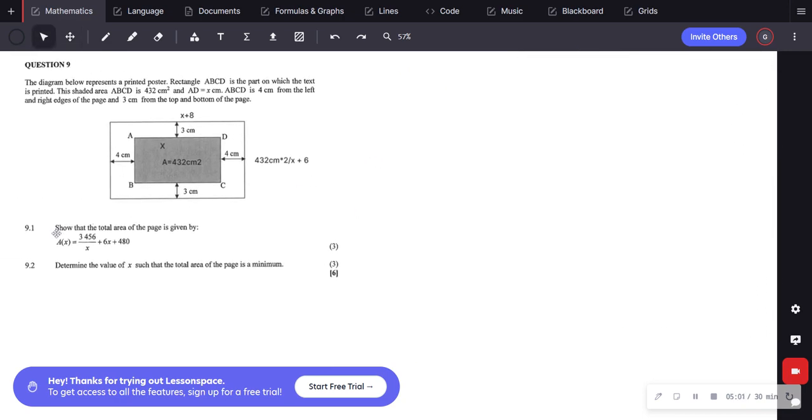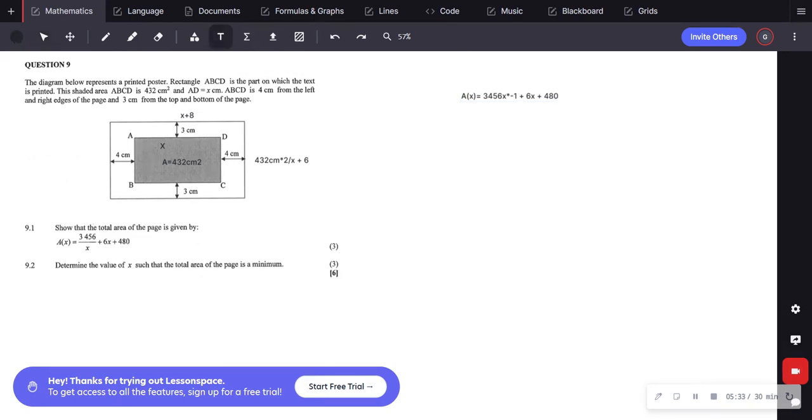So what we will be doing is differentiating this formula and equating it to 0. All right? So let's rewrite this formula. Plus 6x plus 480.